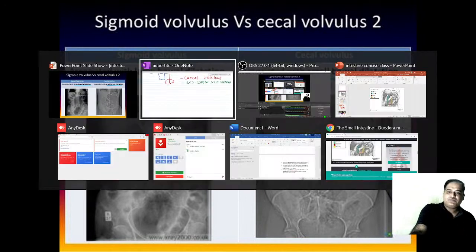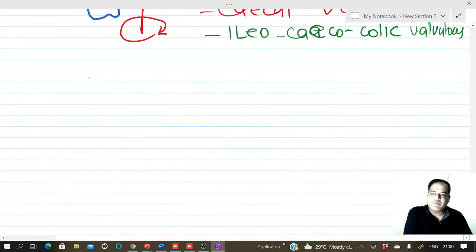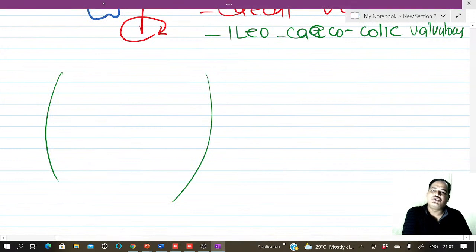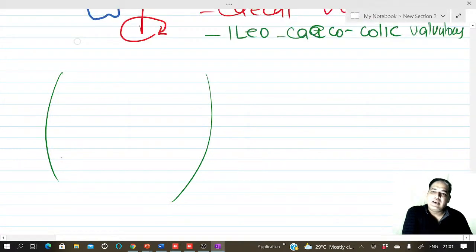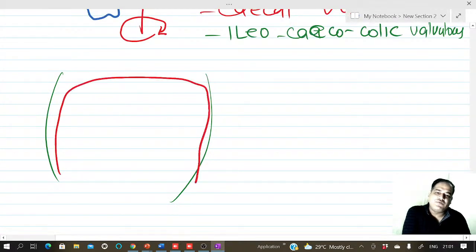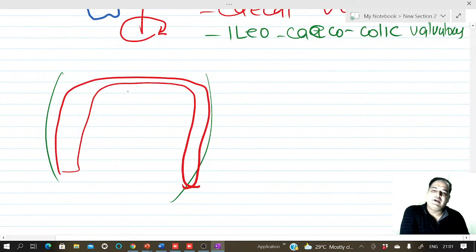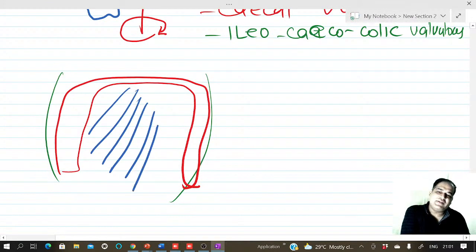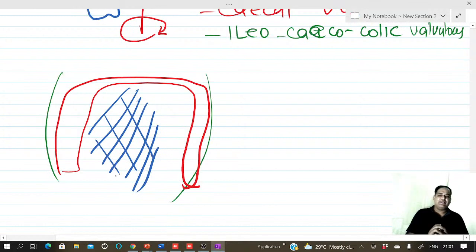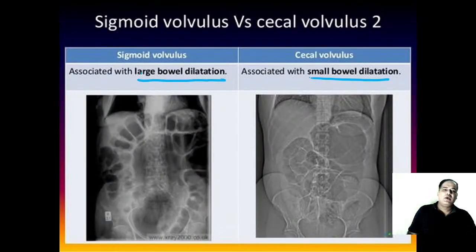How are you able to differentiate between them? Large bowel distension will be more on the sides of the abdomen. Small bowel distension will be more centered on the inside. Large bowel on the outside, small bowel on the inside.